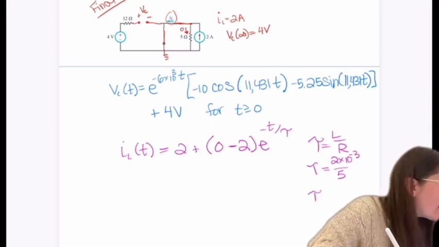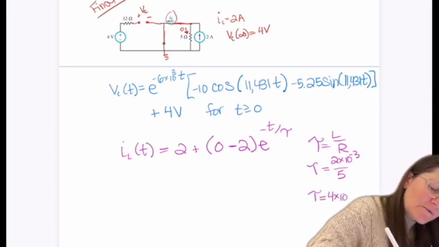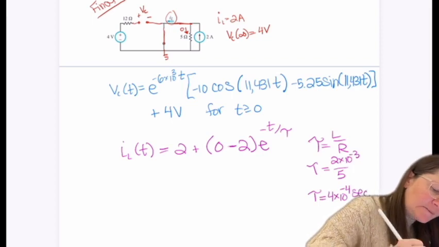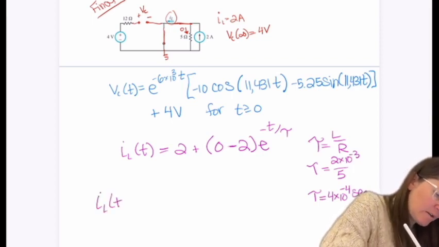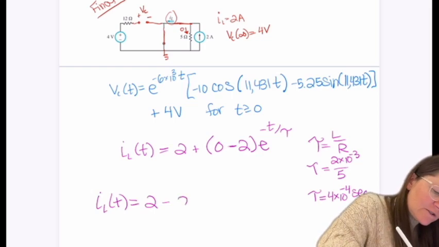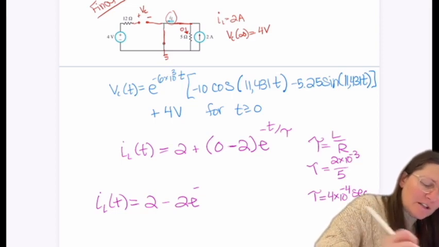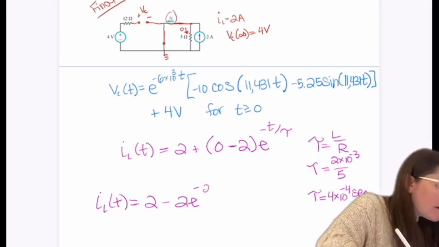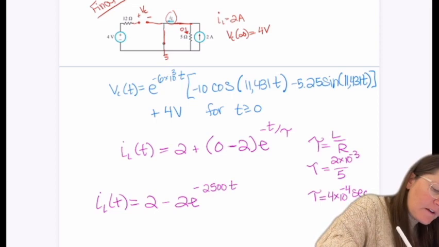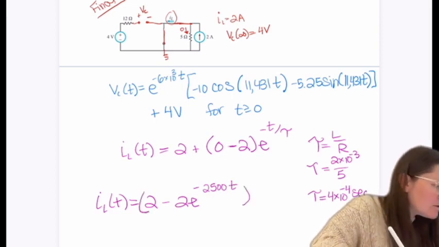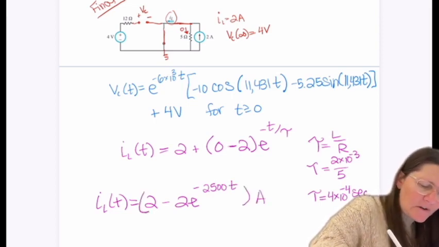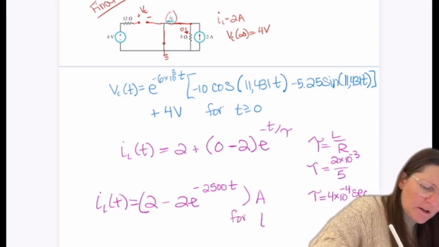So this gives a tau of 4 times 10 to the minus 4 seconds. So IL of t will equal 2 minus 2e, and if I flip that 4 times 10 to the minus 4, that becomes 2,500 t. And again, you can do u of t or for t greater than or equal to 0.